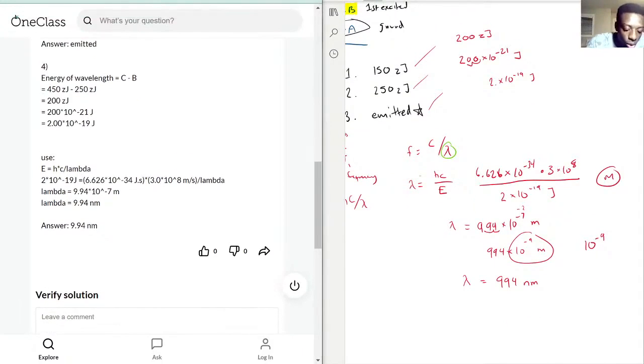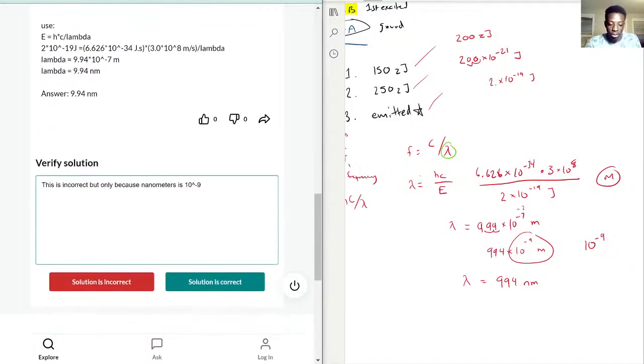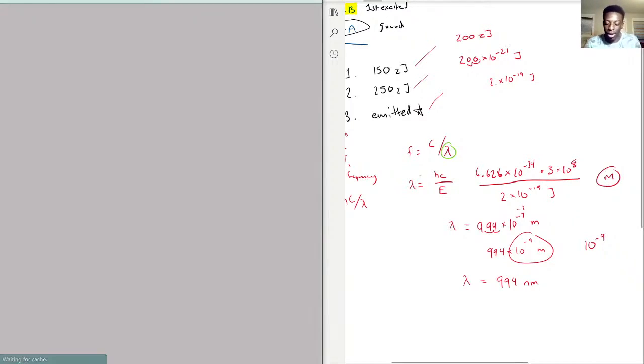Although I do notice that what they didn't account for is that 10 to the negative 7 has to change to 10 to the negative 9. So this is incorrect, but only because nanometers is 10 to the minus 9. But it is pretty close though. But yeah, quite a bulk of a question.